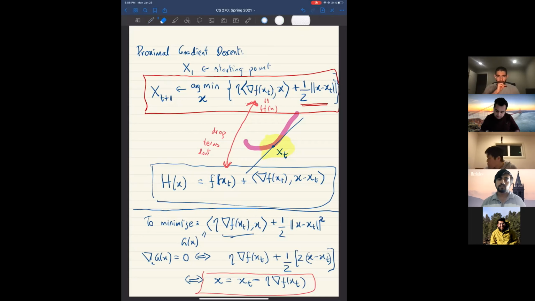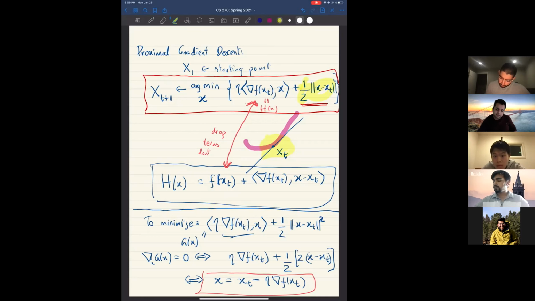But what it opens up is the possibility that I don't have to add a quadratic penalty. I can think of adding any penalty that prevents me from moving away from xt too much, right? And depending on what function I add as this regularizer, this is a regularizer.